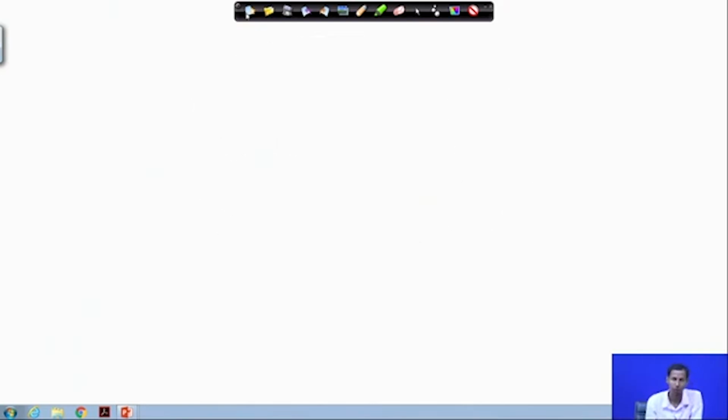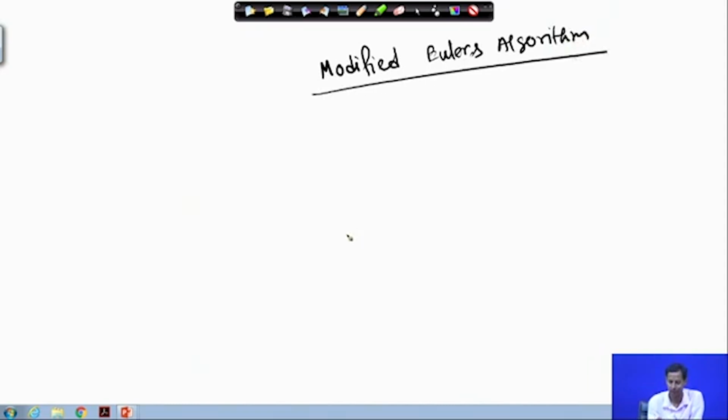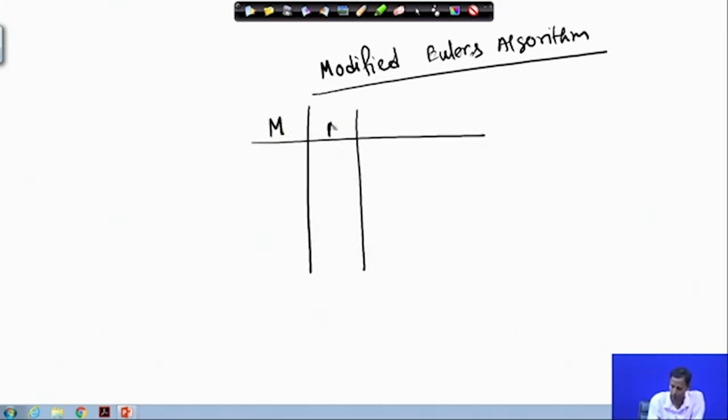According to the modified Euler's algorithm, whenever I am having two numbers m and n, when m is even and n is also even, at that time m will be m by 2, n will be n by 2.